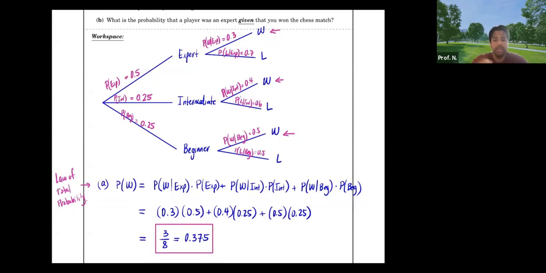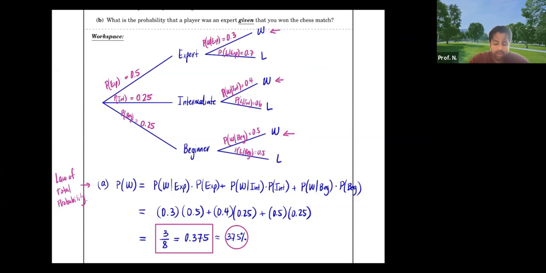So that's the probability of me winning. I have a 37.5% chance. You can write this as a percentage as well. But that's the likelihood of me winning a game, just winning.